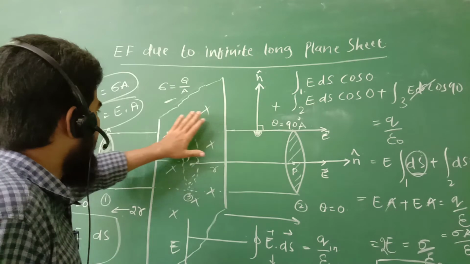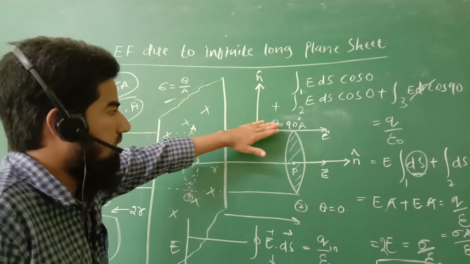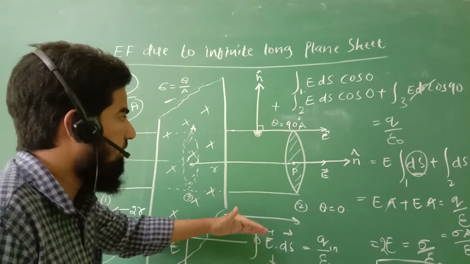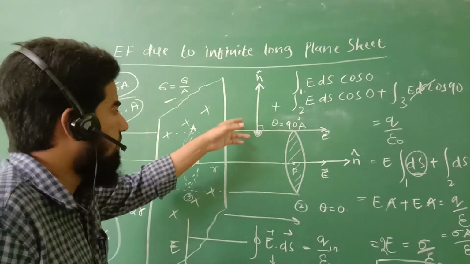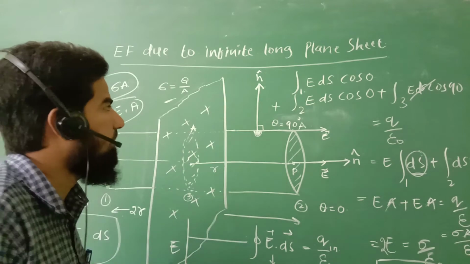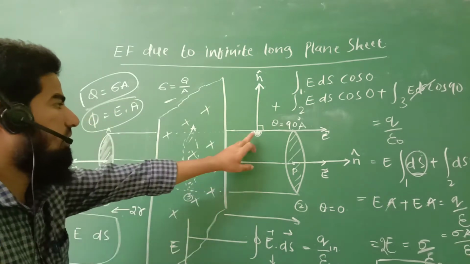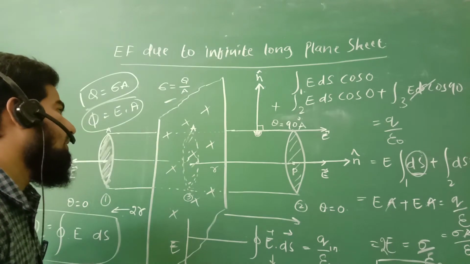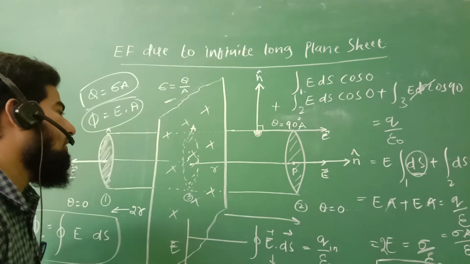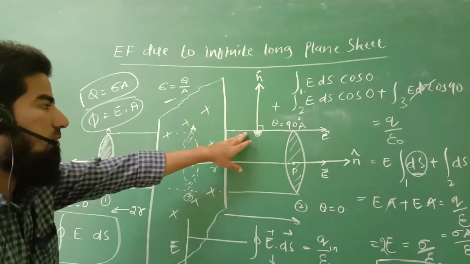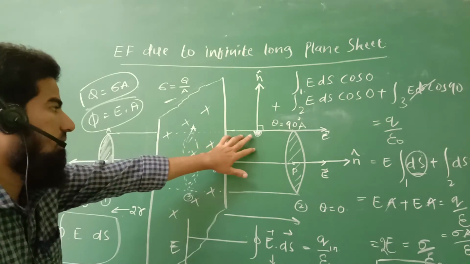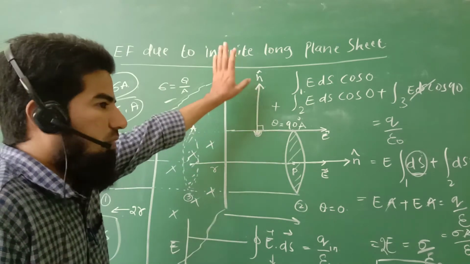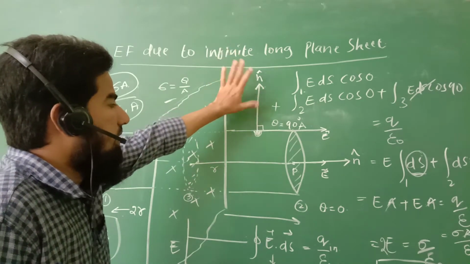You can consider it anywhere on the curved surface, no problem. I have considered here an area element. The direction of the area is perpendicular to the outward direction from the surface, so that is n cap.